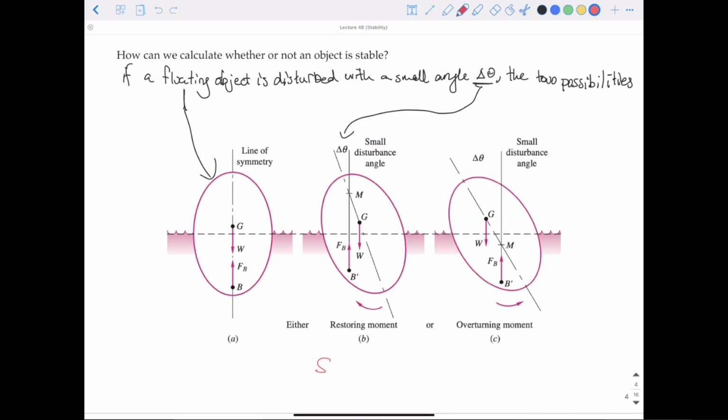My writing is so messy on this. Stable. And over here, we would have a condition where we have an object that is unstable. And these points right here, B, this is our center of buoyancy.